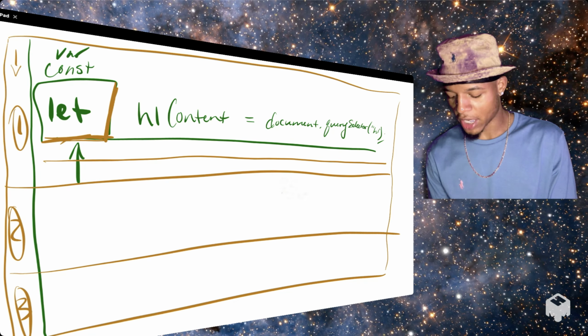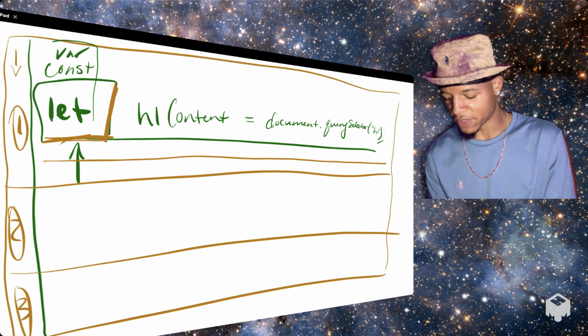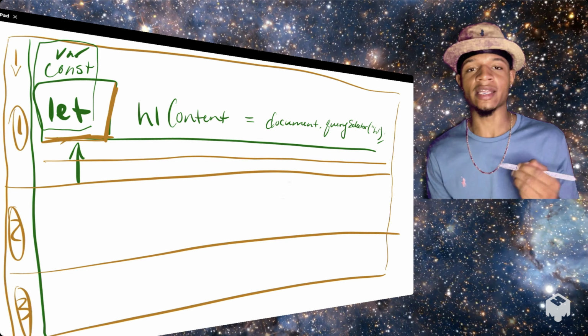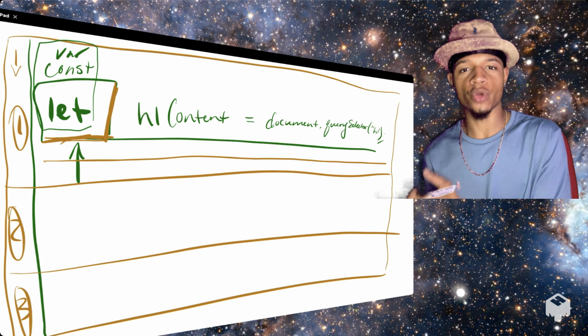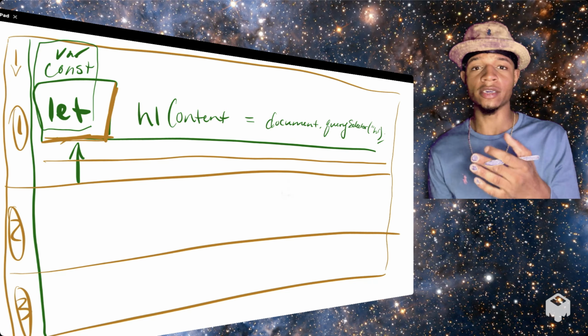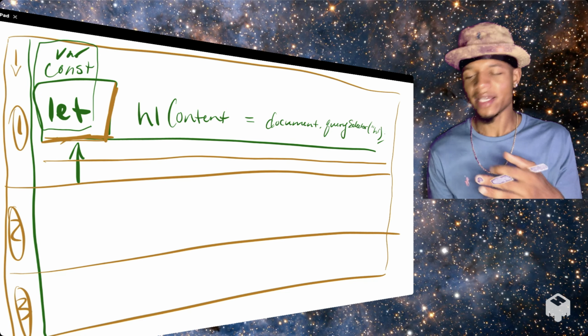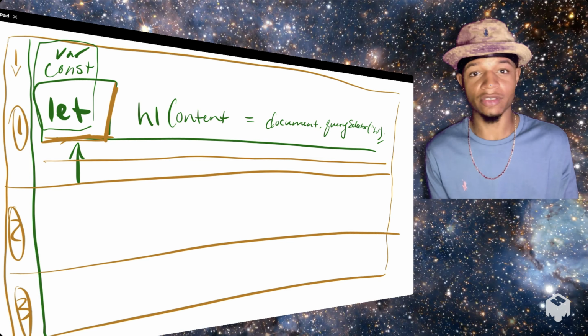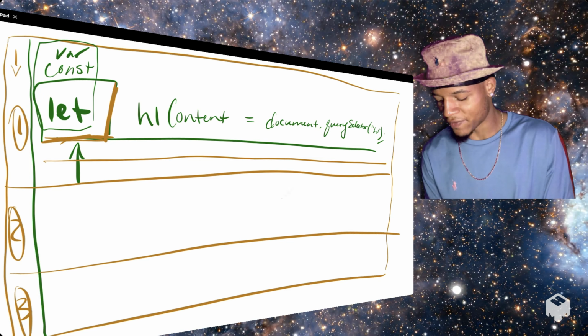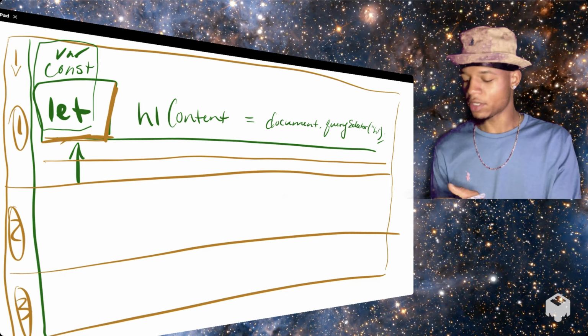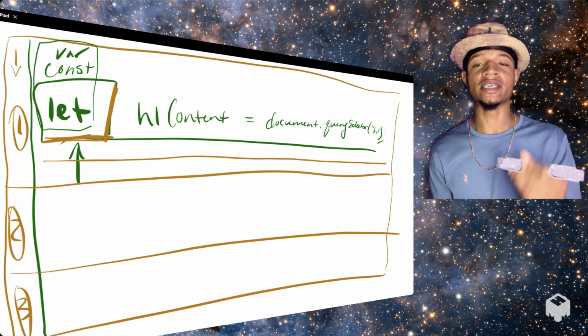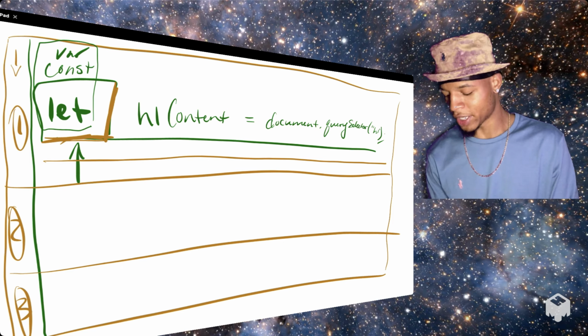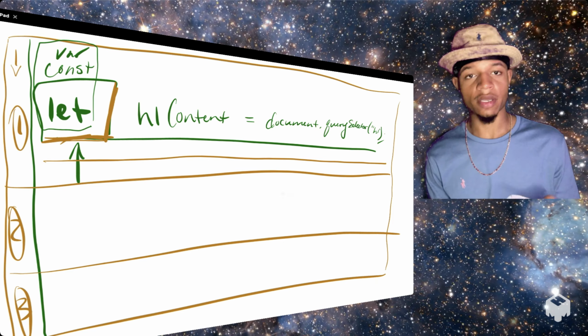But here in JavaScript, all we have to say is var, const, and let. Hear me out: these are called keywords, and there are more keywords. These are like reserved words that JavaScript used when they were defining the language, right? So we got var, const, let, and var, const, let basically allow us to create variables on the fly.